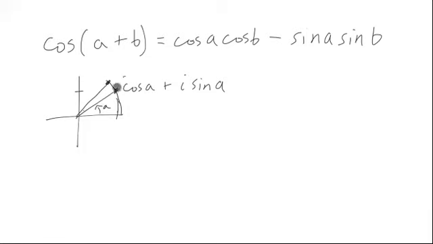So if we multiply this complex number by the complex number for angle B, cosine B plus i sine B, look what happens.